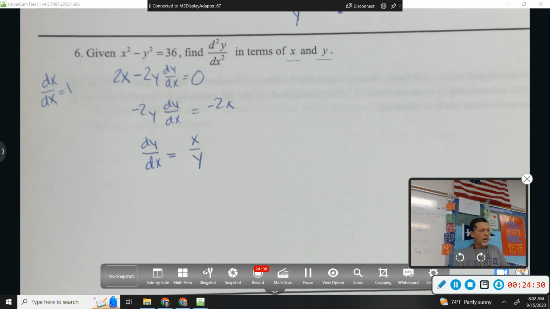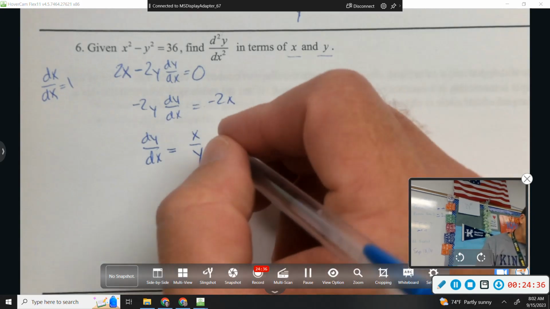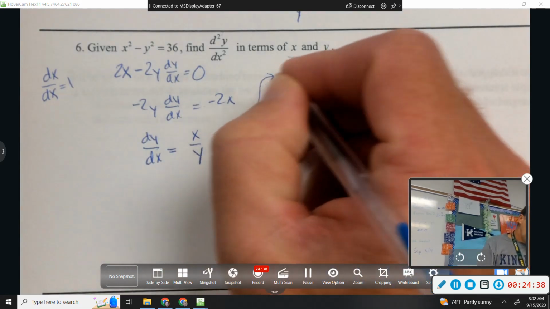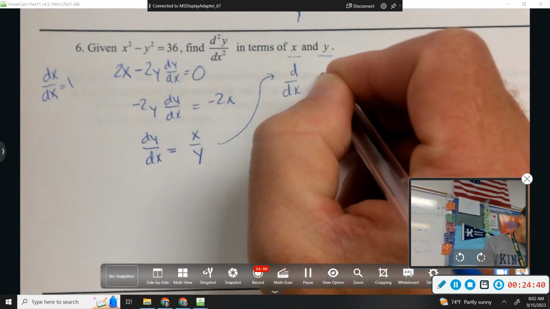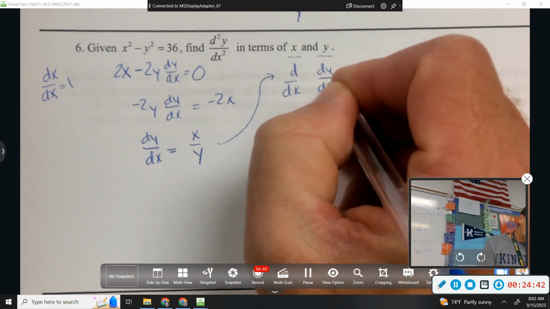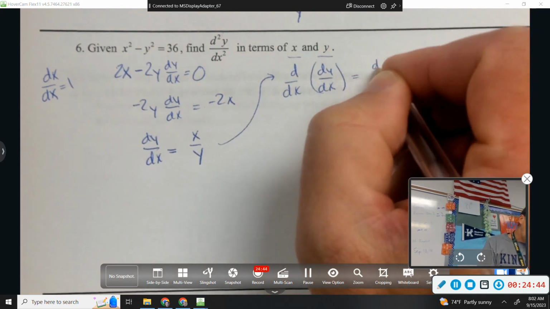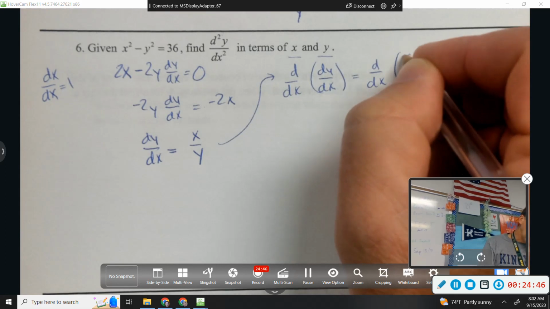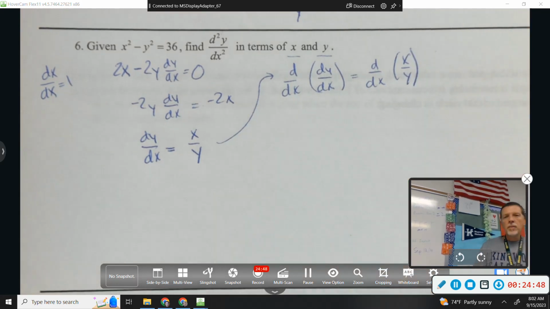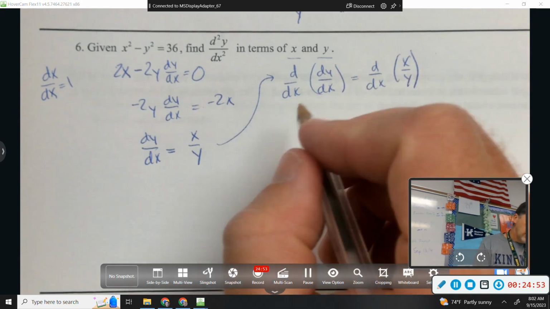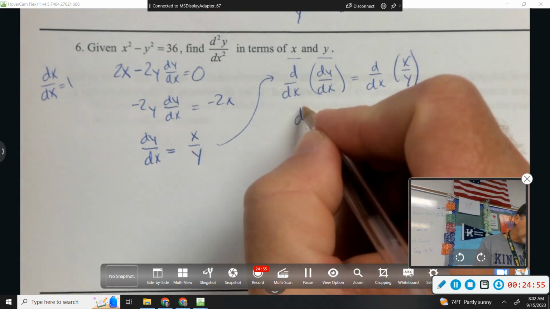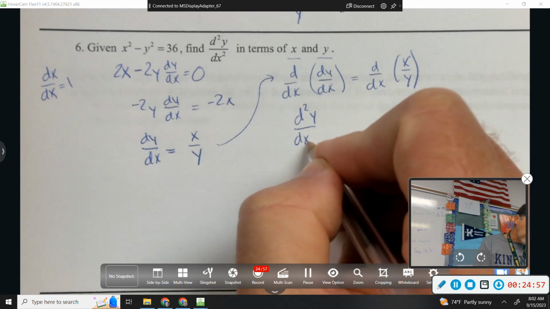Okay, well that's not too bad. So there's my first derivative. My second derivative then, so I want to take a derivative of dy dx and a derivative of x over y. So on the left-hand side, I just want the second derivative. That's where I'm headed.